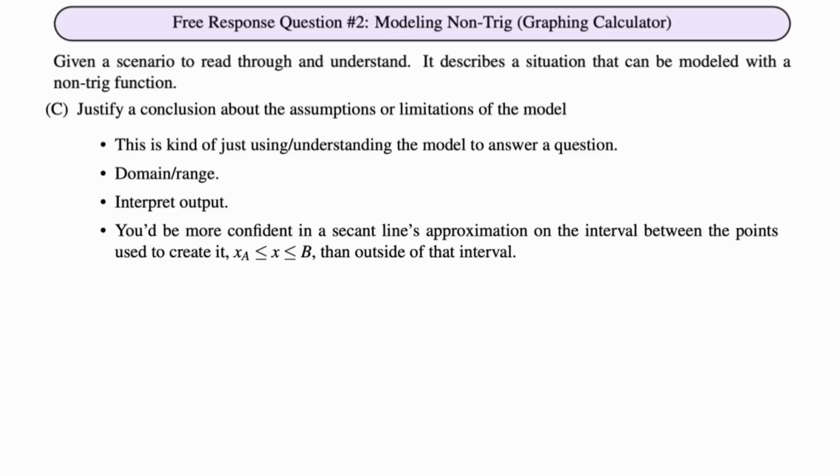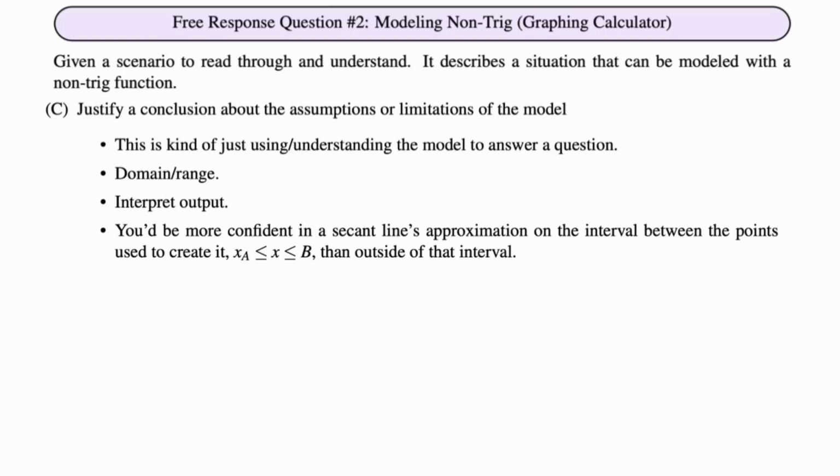They could ask you to interpret the output, like what does it mean when you find f of 8? And then they'll frequently ask you, you have data that spans from 2 to 8, and they'll say, okay, should you be more confident in a value of t equals 5 or t equals 35?